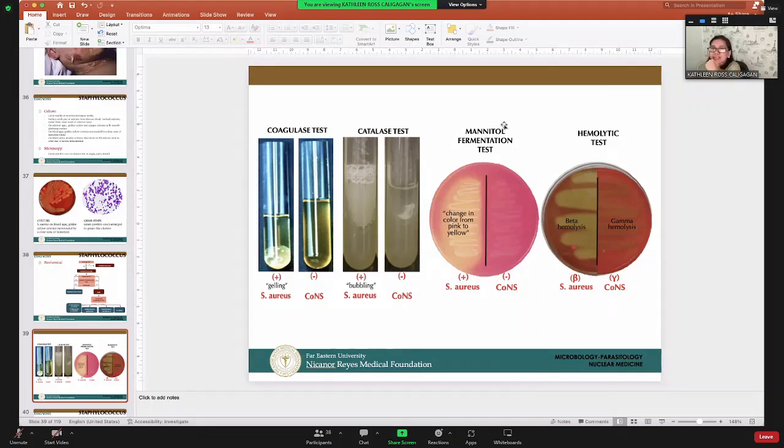Mannitol fermentation agar is both an enriched and a differential medium at the same time. As an enriched medium, this will support all growth of Staphylococcus.